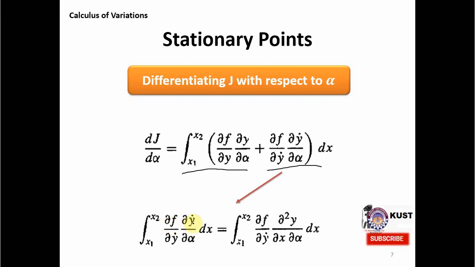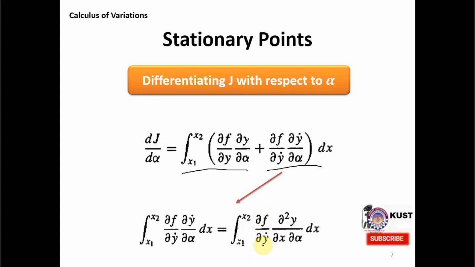You know that y dot is a derivative with respect to x, so we can explicitly write it as del squared y by del x del alpha. So this integral is explicitly written equal to this thing, and now it is in a useful form, and we can apply integration by parts to do this integral.